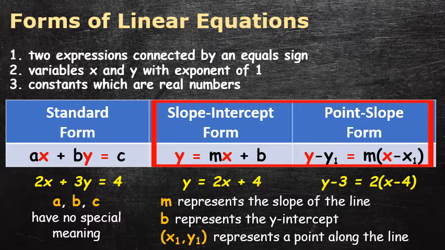Yung coefficient of x, which is m, represents the slope of the line. B represents the y-intercept. At yung x1, y1 is an ordered pair or a coordinate of a point along the line. I-discuss natin itong properties of a line sa next tutorial video natin na plotting the graph of a linear equation.